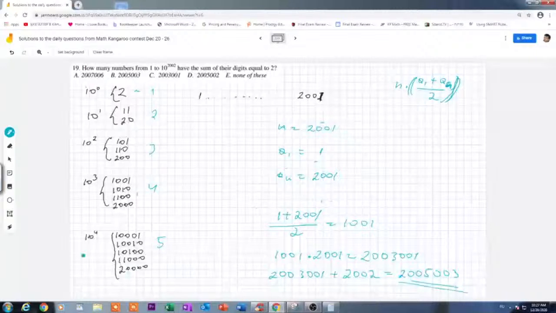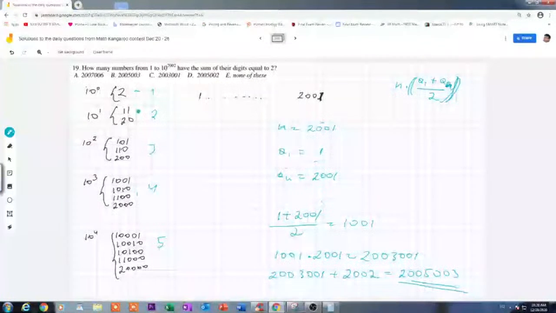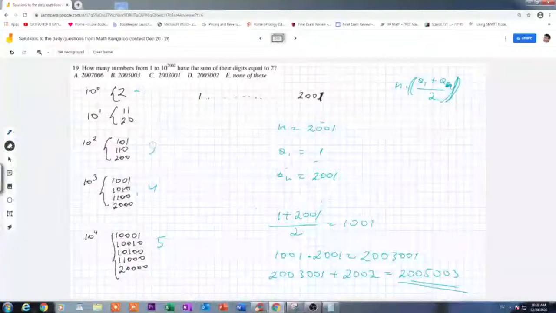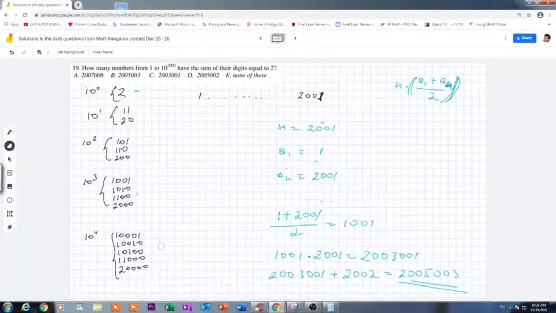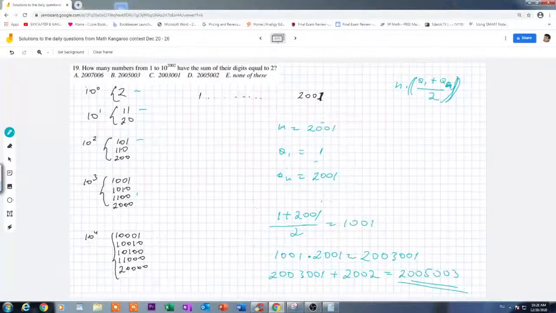Okay, so why this? I gave you a wrong explanation, right? I told you it's a tricky question. So first, I only considered numbers that contain ones in them.